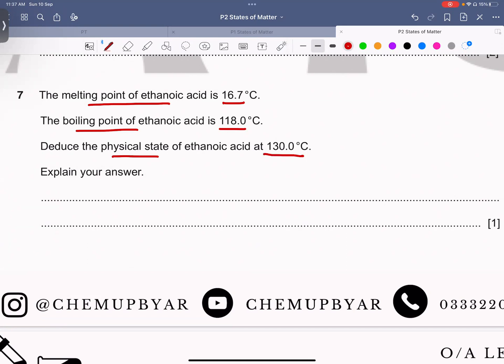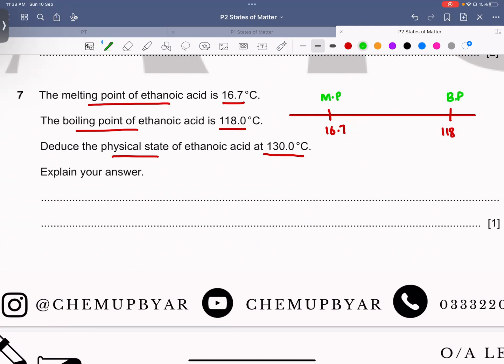Okay, if you have any confusion in deducing the state, you will make a scale like this. Put a line. Then, for example, here it's 16.7 and here it is 118. 16.7 is the melting point and 118 is the boiling point.